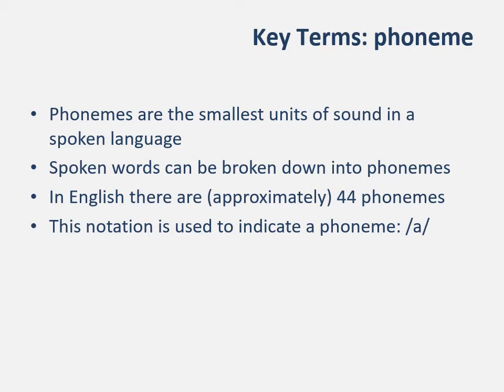And so we can take the spoken words that we use and we can break them down into phonemes. And in English, there are approximately 44 phonemes, and that word approximately is important because different theorists, different researchers have different answers to this, usually between 42 and 46, but some people would claim more. For most purposes, we can think of 44, and that's fine.